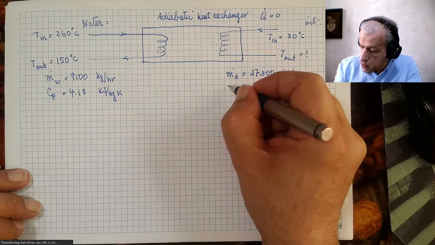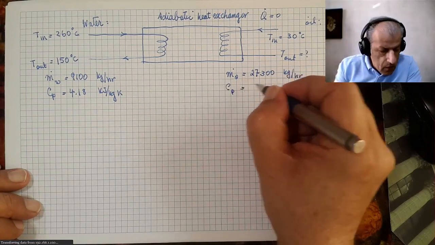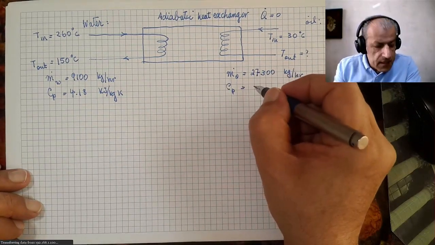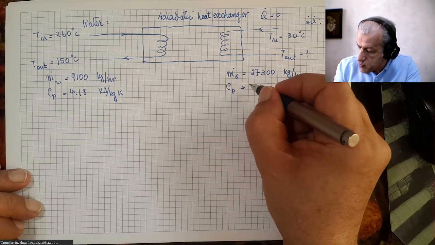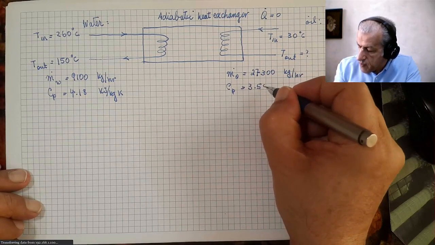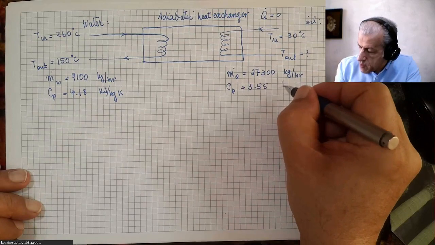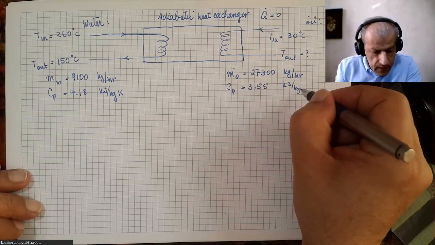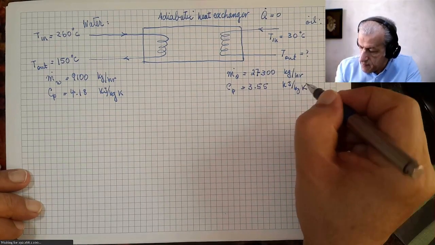And we also know a property of oil, its Cp, which is said to be 3.55 kilojoules per kilogram Kelvin.